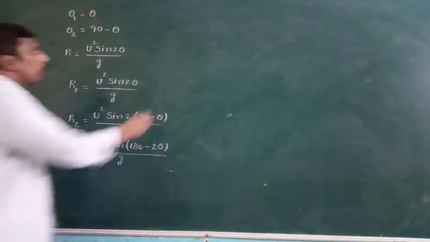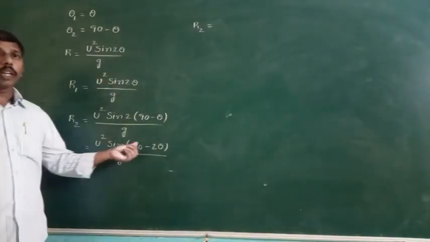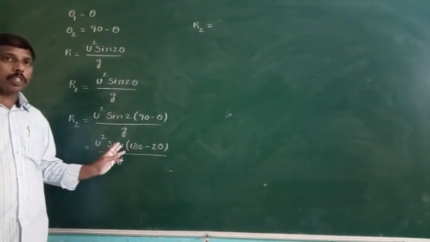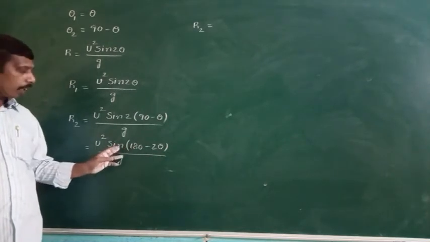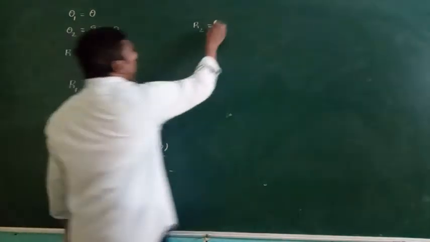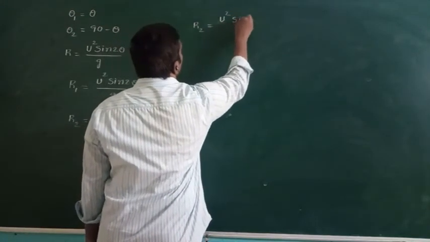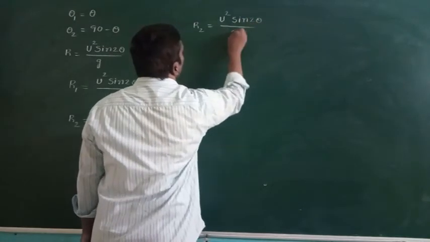Sin (180 minus 2 theta) is in the second quadrant, where sin is positive. For even multiples of 90, the same function repeats. So sin (180 minus 2 theta) is equal to sin 2 theta only, so R2 is u square sin 2 theta divided by g.